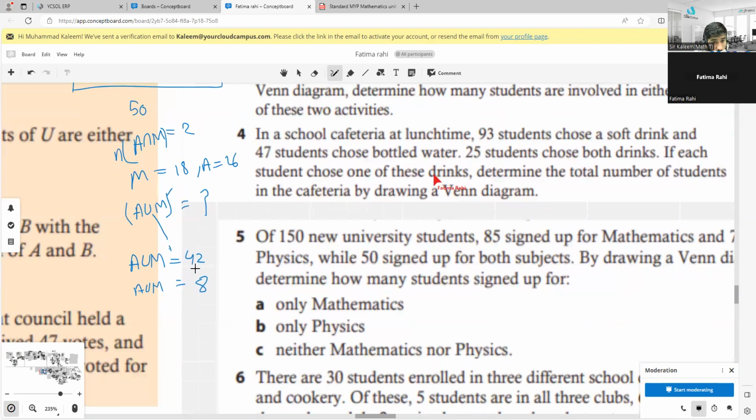How did I get 42? Look, in M we have 18 students, so consider there are 18 elements: 1, 2, 3, 4, 5, 6, and so on up to 18. And in A we have 26 elements. Two elements are common in M and A, as already given.